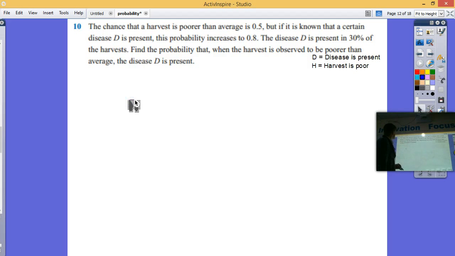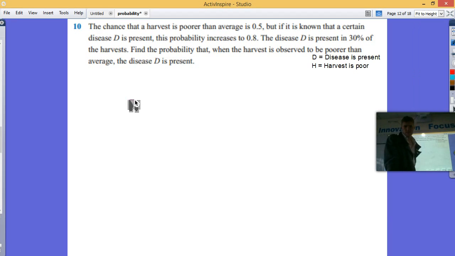So the chance that a harvest is poorer than average is 0.5, but if it is known that a certain disease is present, this probability increases to 0.8. So this good harvest or poor harvest is dependent on whether disease is present. So you can already see some condition occurring there. The disease D is present in 30% of the harvest. Find the probability that when the harvest is observed to be poorer than average, the disease is present.